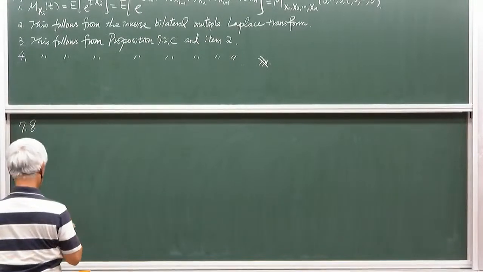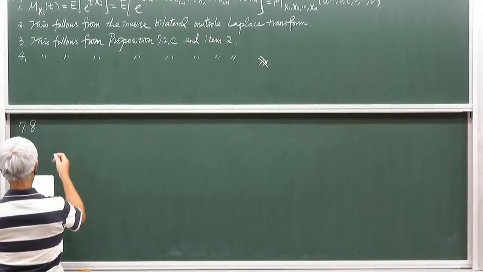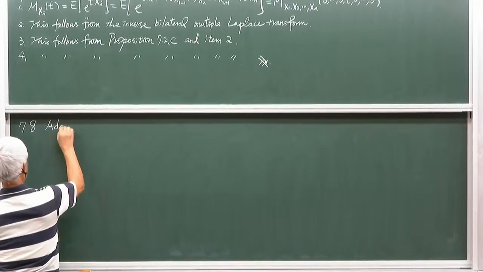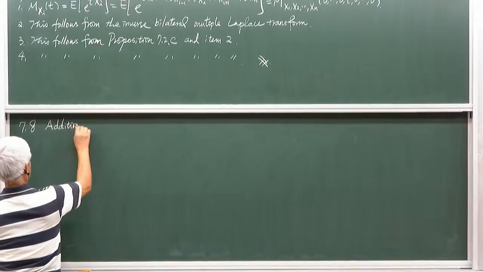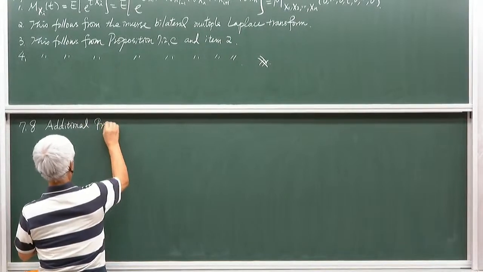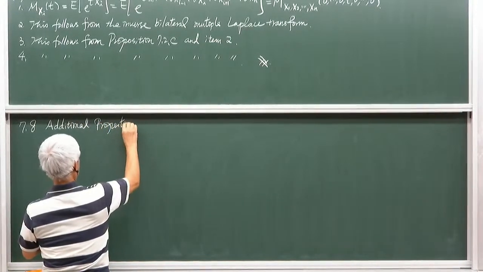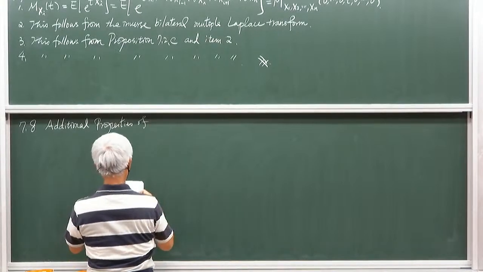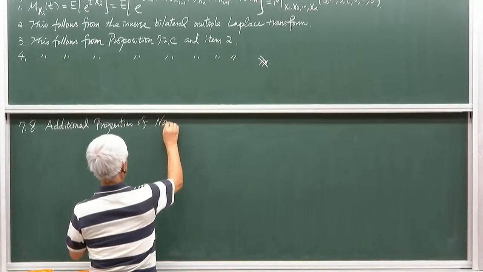The last section in chapter 7 is about additional properties of normal random variables.